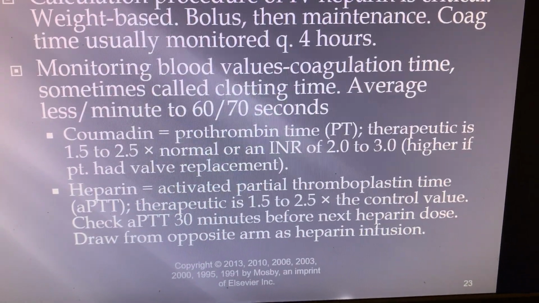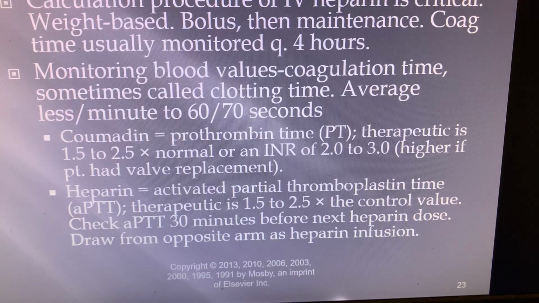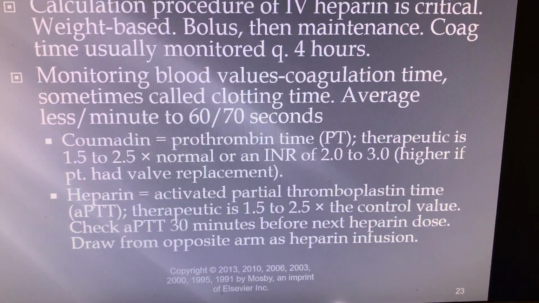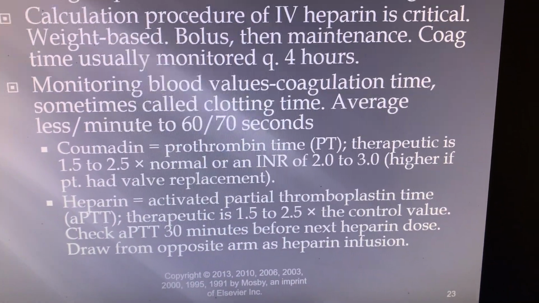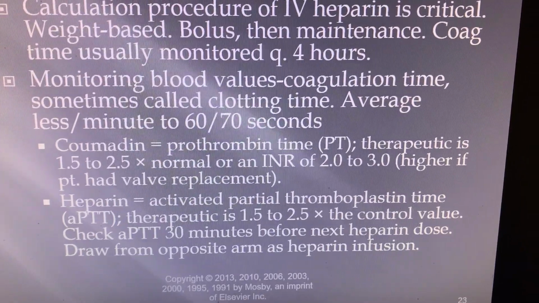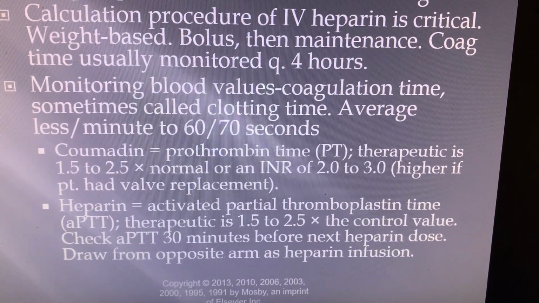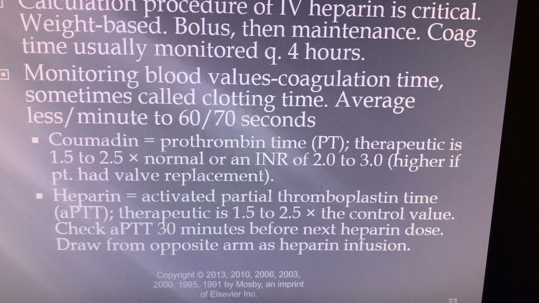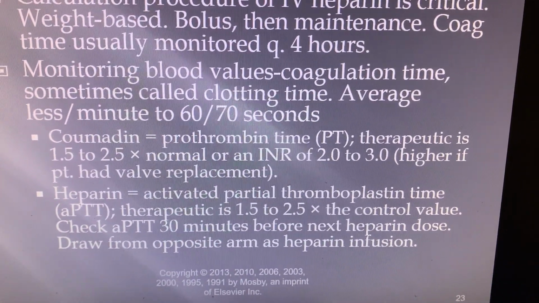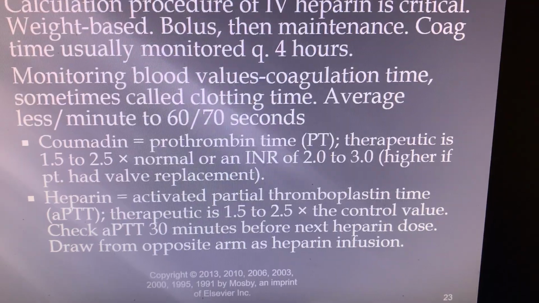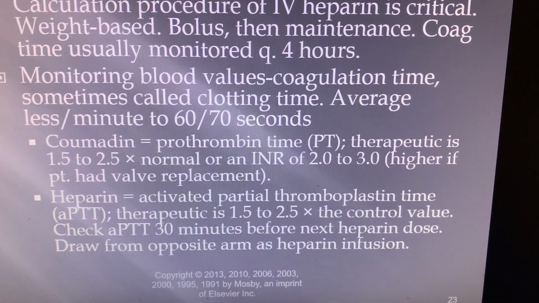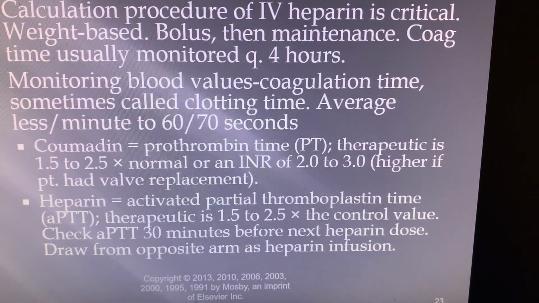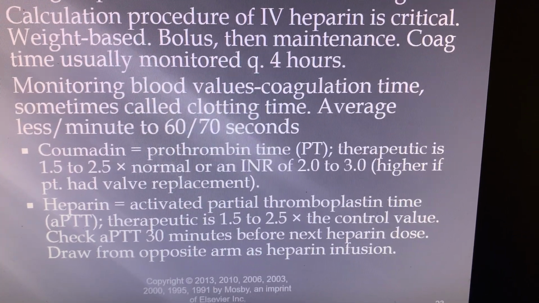And what do you get for the number 12 times 1.5? You get 18. Then take that number 12 and multiply it by 2.5. And what do you get? You get 30.